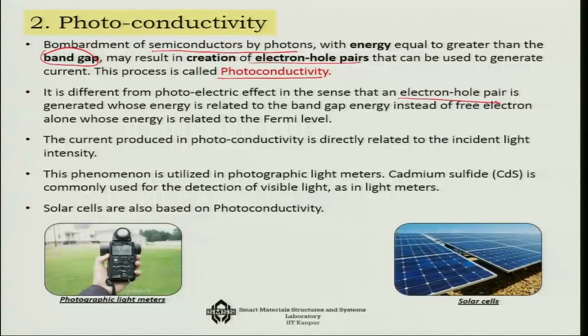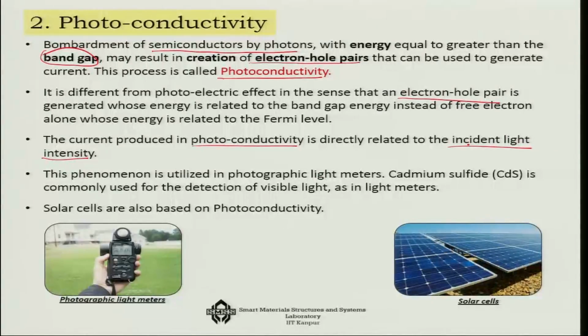The current produced through photoconductivity is directly related to the incident light intensity. As a result, the light meters you see in cricket matches, etc., are based on the photoconductivity of the incident light.